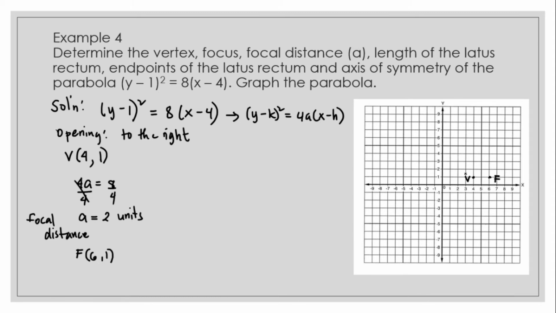And sunod natin na hanapin yung endpoints of the latus rectum. Nasaan ba dapat si latus rectum? Ang latus rectum natin always ay dumadaan dun sa focus. So, nandito siya. Probably, ito yung ating latus rectum. No. Pero hindi natin alam kung saan yung endpoints. Okay?